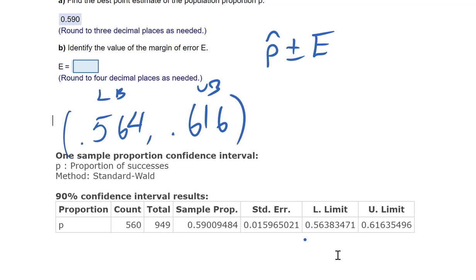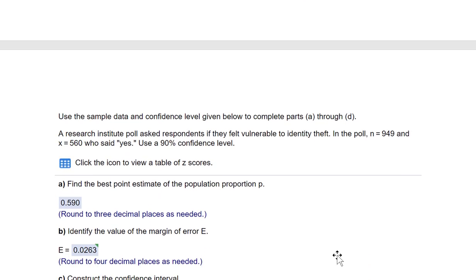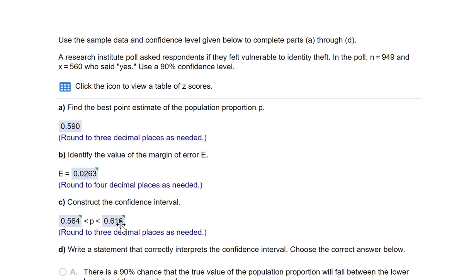So we would just go out one more place, subtract those, divide by 2, and you will get 0.0263 instead of 0.026. With the confidence interval, they went to 3 places, so 0.564. And I'll let you think about the statement that correctly interprets the confidence interval. We've talked a lot about that in some of the videos and in the textbook, so try to internalize that, okay? I hope that helps.